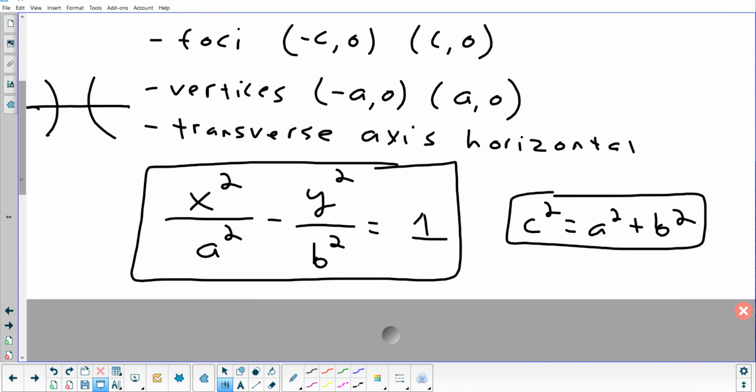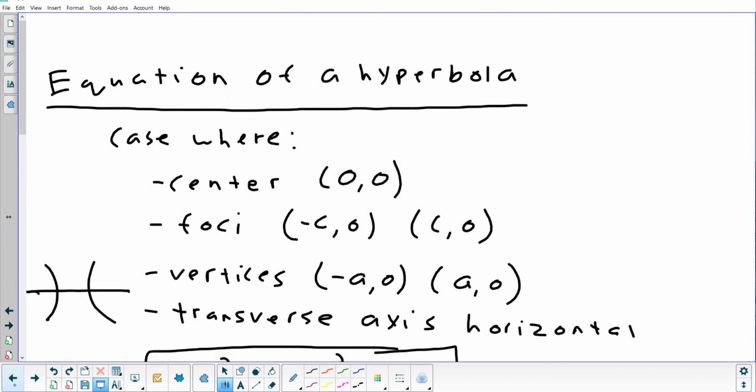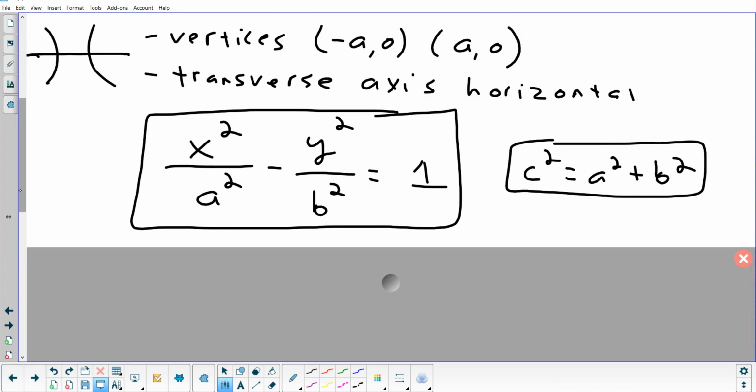Now, what I want to do is compare this to the other one we're going to look at, and I want you to tell me what switched. What switched yesterday when we went from a horizontal to a vertical major axis? The A and the B switched places. Okay. Let's look at the other version, make sure you copy that down.